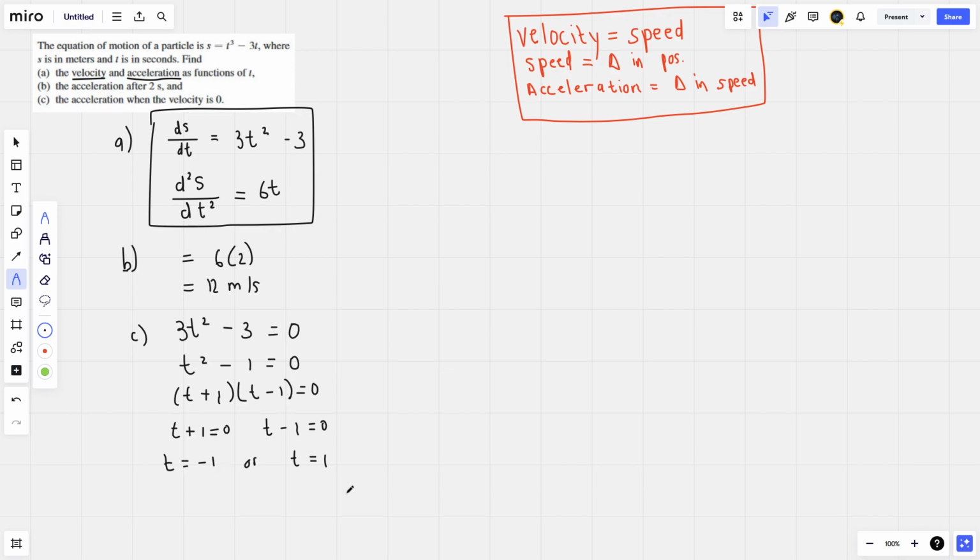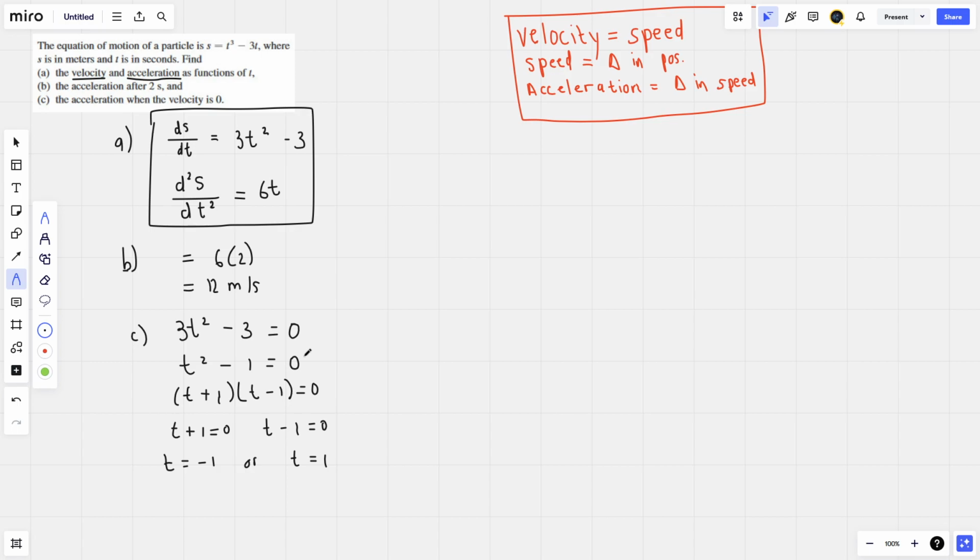Now let's think about this carefully. We have two time values where our speed is 0, at -1 or at 1. Well, can my time be -1? Can I say at -1 second my speed was 0? No, because we can't count time negatively.